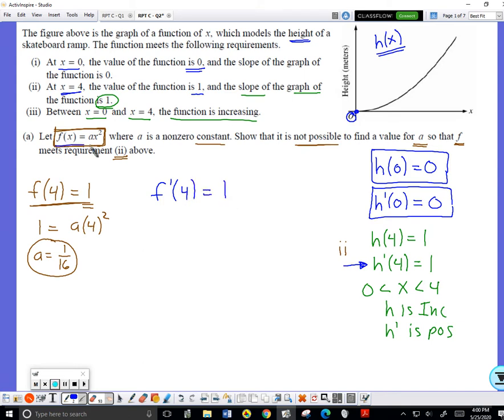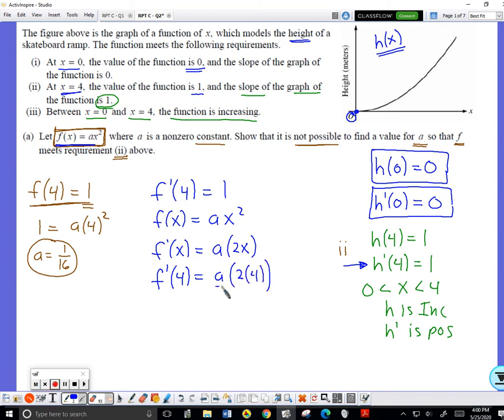So we take our F of x, where A is a constant. So F prime of x is A multiplied by 2x. Now F prime, when x is 4, is supposed to equal A times 2 times 4. But we figured out A is 1 over 16, so we can put that in.